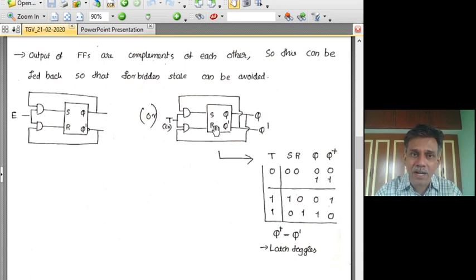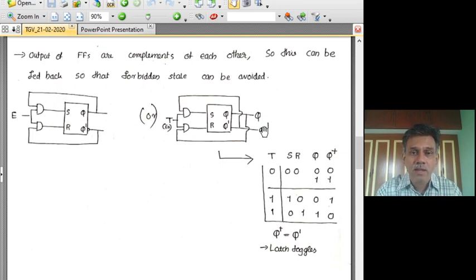If it is reset, again it will be reset, because if Q was originally 1, 1 will go to S and 0 will come to R, it will set. If Q was originally 0 and Q bar is 1, the 0 will come to S and 1 will come to R, it will again be reset, which means Q plus will be 0, which means it will be a no change condition. When T is equal to 0, there won't be any change in the state, and when T is made 1, then also there won't be any change in the flip-flop's state, which means we have no control over the flip-flop.